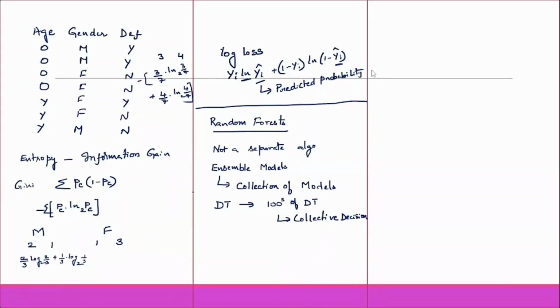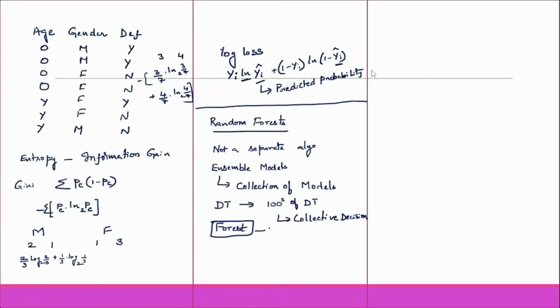So it's like collective decision making. Instead of one tree, here we talk about multiple trees. And multiple trees is always a forest, right? So that is how the name forest has come. Multiple trees come together to form a forest.